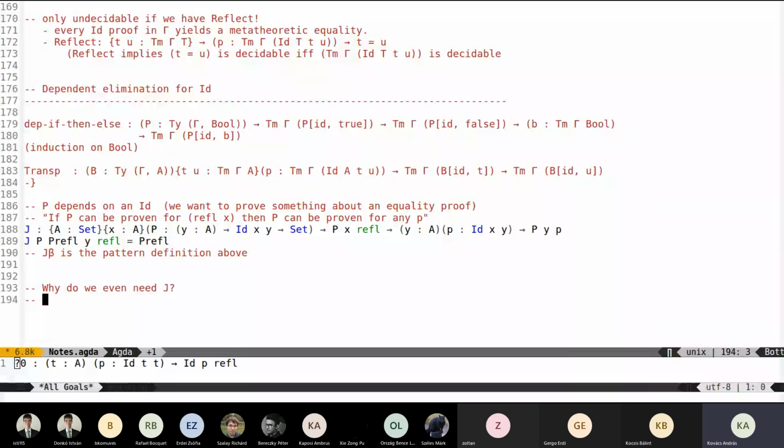So if we only have refl plus trans, but we don't have UIP, what kind of equations or what kind of constructions are possible with J, but are not possible with only transport?